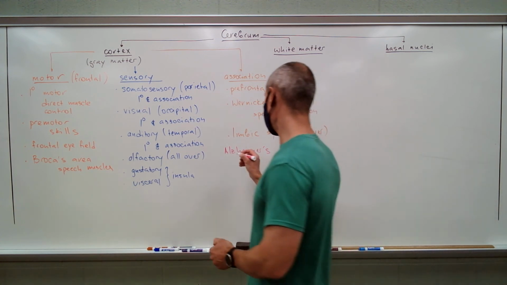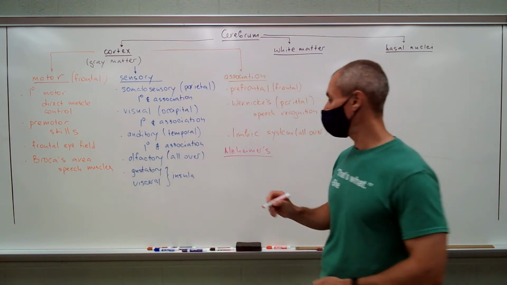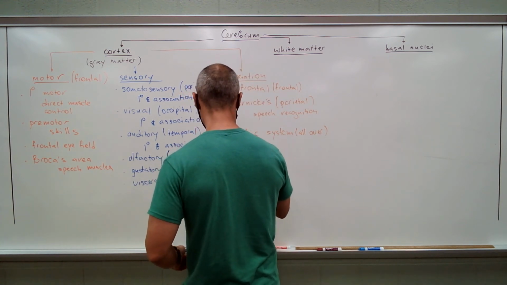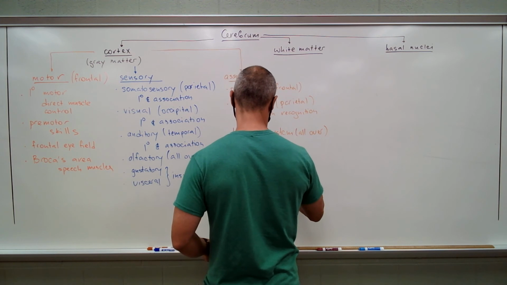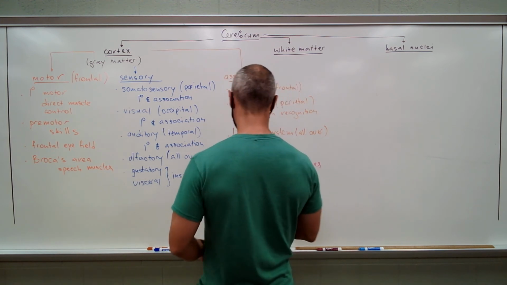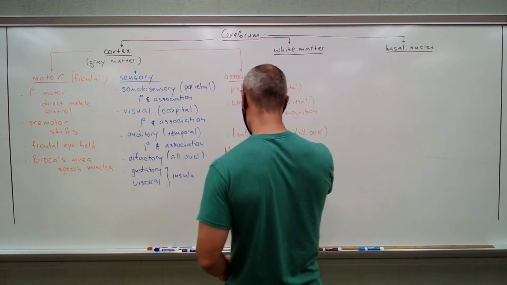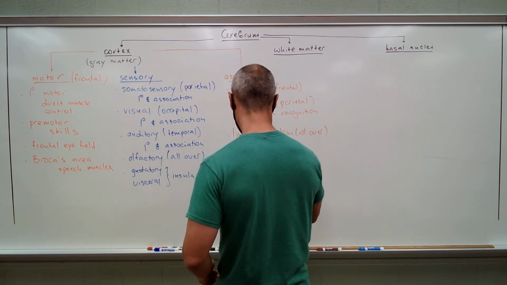In Alzheimer's disease, two structures are formed in your brain. One is called beta amyloid plaques, and another one is tau protein neurofibrils.